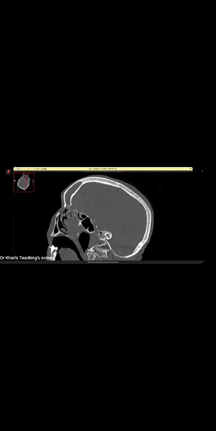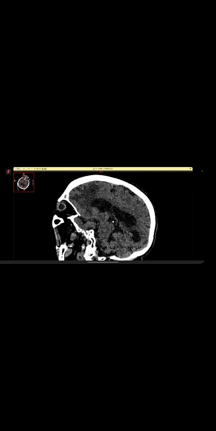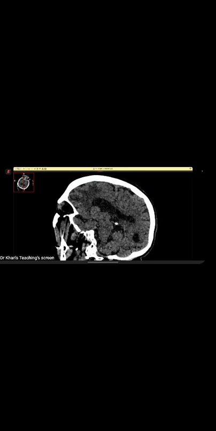So if you see here, you can see this erosion, and you can imagine that the frontoethmoid recess will be here. And actually, if I go to the brain window, you can see that something is sitting there, right?